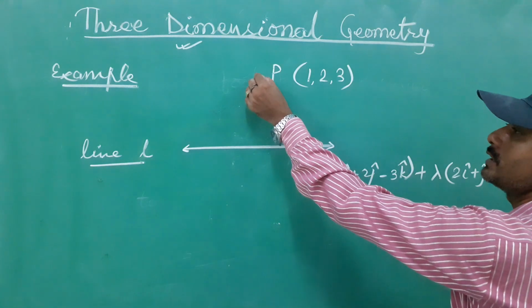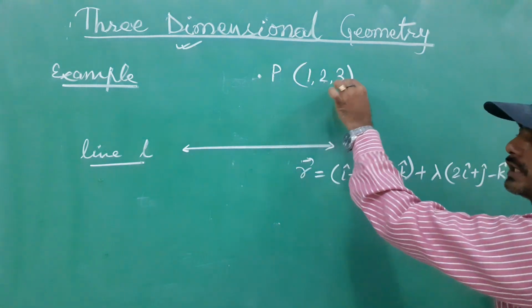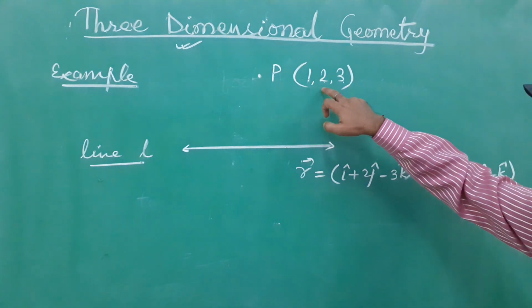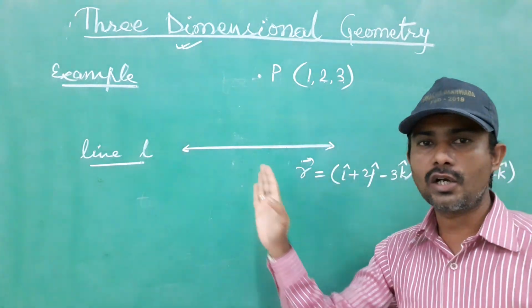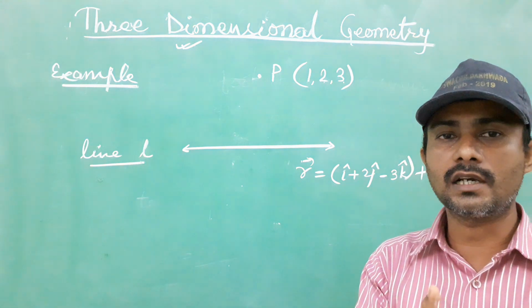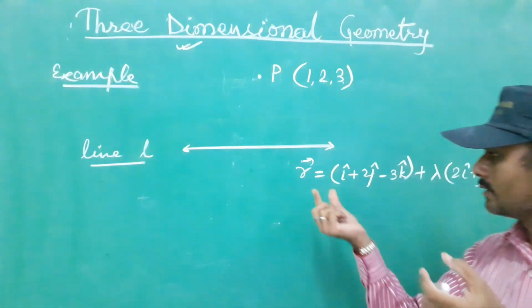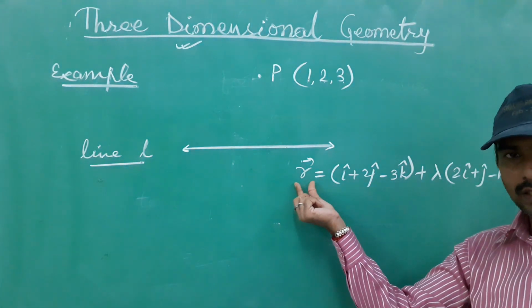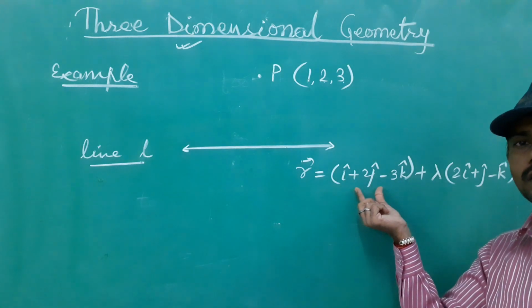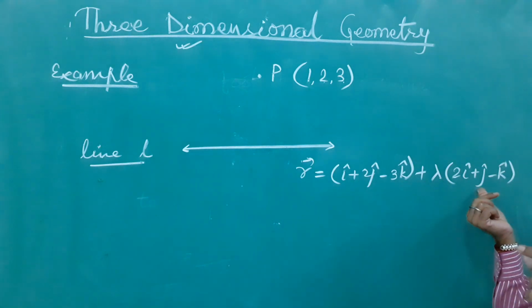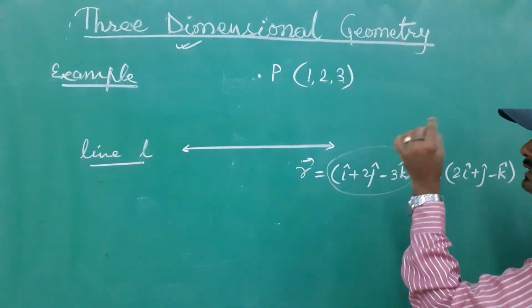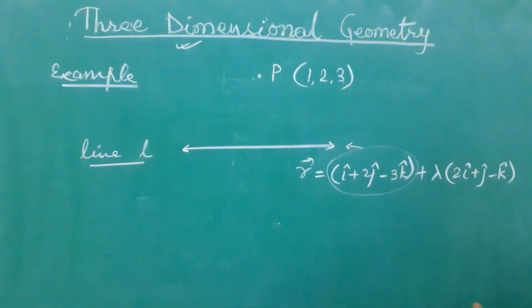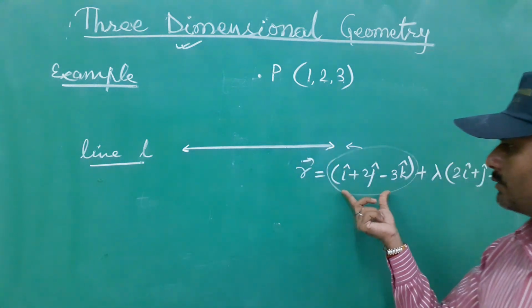Here we have one point P, with x coordinate, y coordinate and z coordinate, and this is the line. How are we writing the equation of line? Vector r equals a vector plus lambda b vector, where this a vector is any point on the line, it can be anywhere.